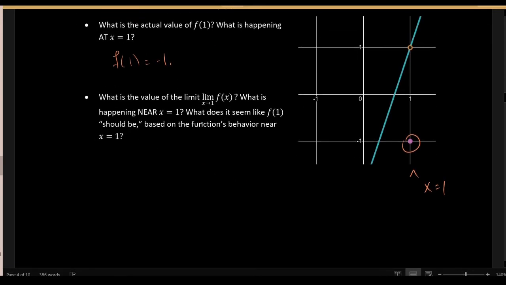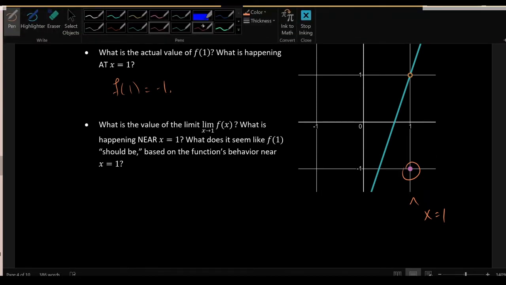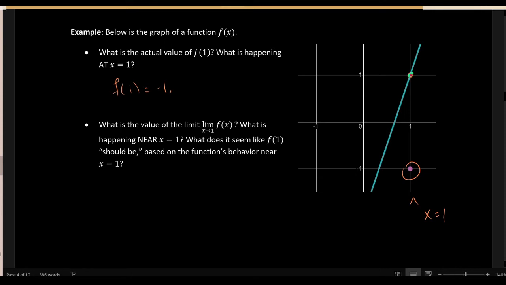But when someone asks about the limit, what is the value of the limit as x gets close to 1? What is happening to the function near x equals 1? What does it seem like f of 1 should be based on the behavior around x equals 1? In this situation, what happens at x equals 1 basically doesn't count at all. I should absolutely ignore what the function is doing at x equals 1, and I should only consider what's happening nearby x equals 1.